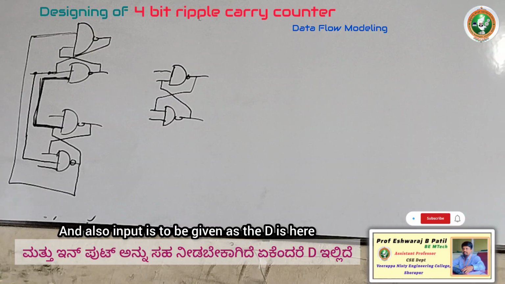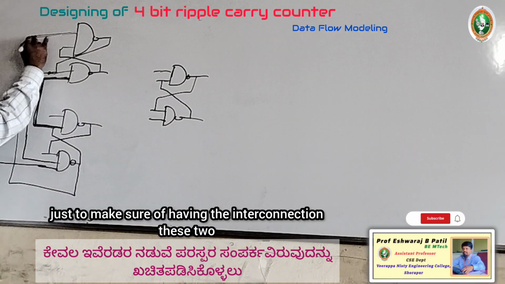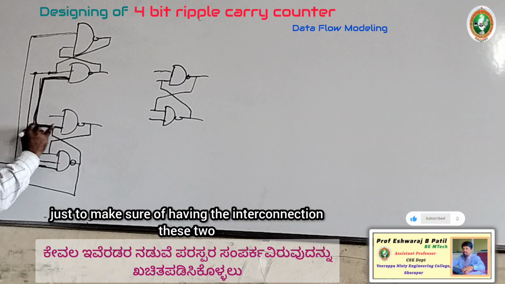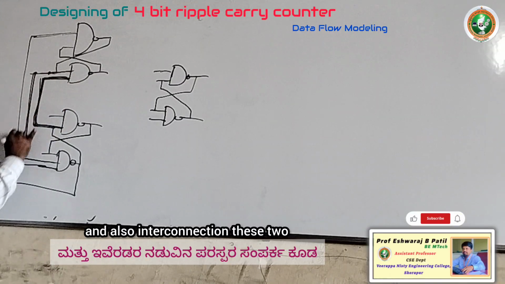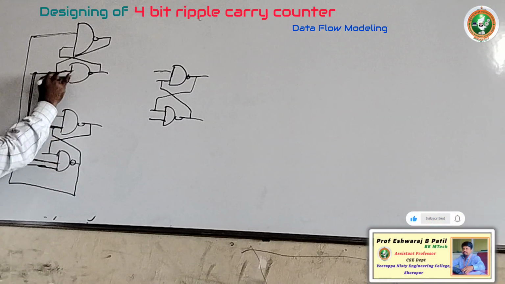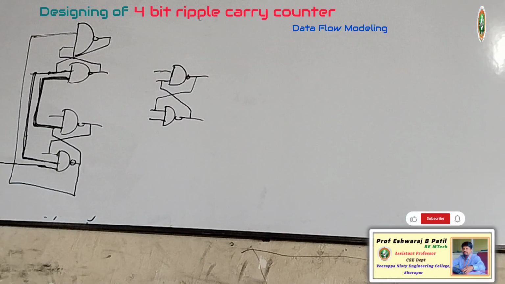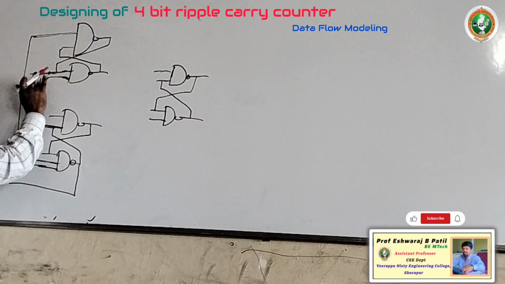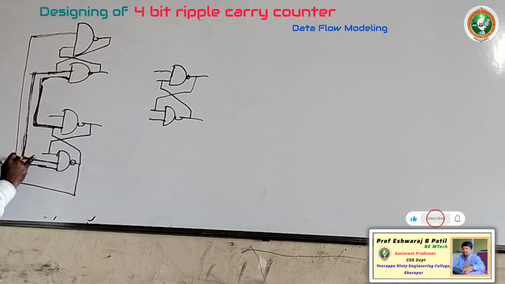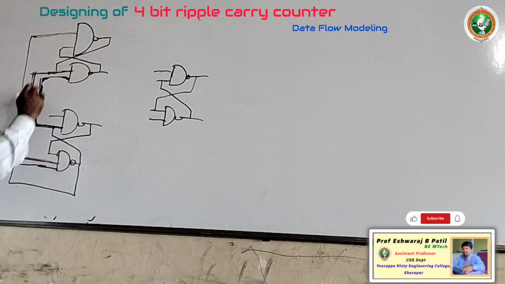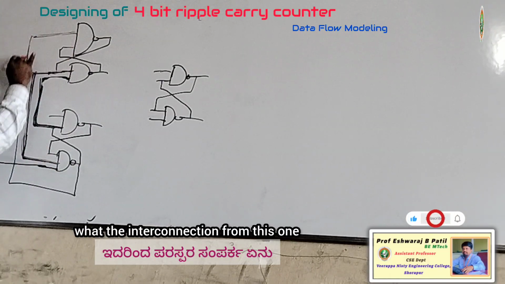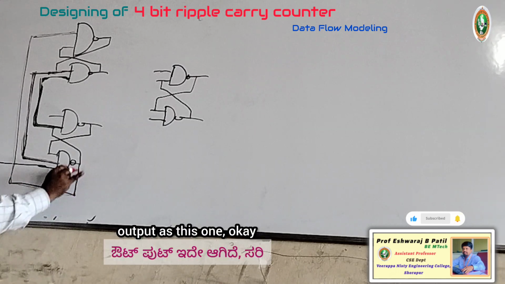Also the input D is given here, just to make sure of the interconnection of these two, and also the interconnection of these two. Next is another interconnection, from this one's output to this one.